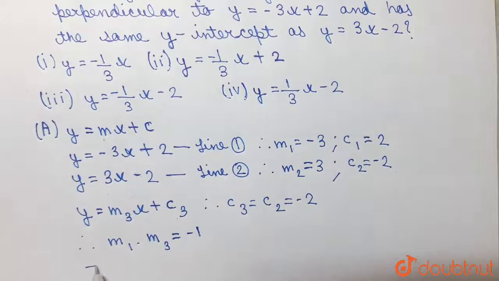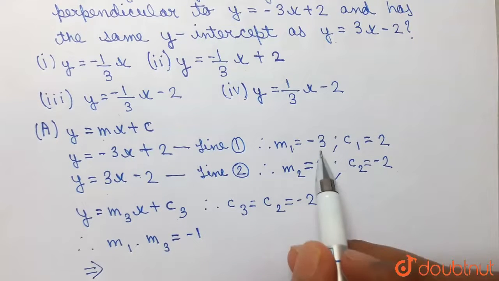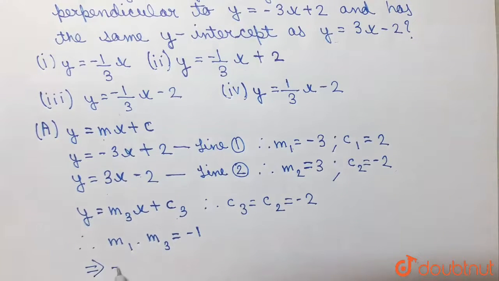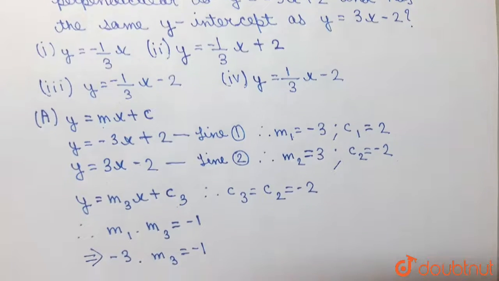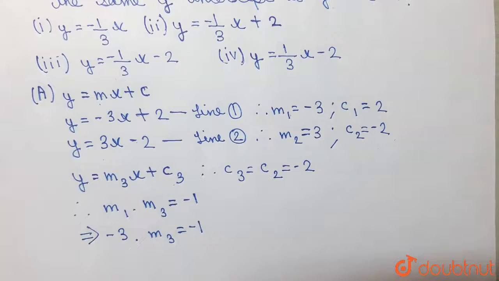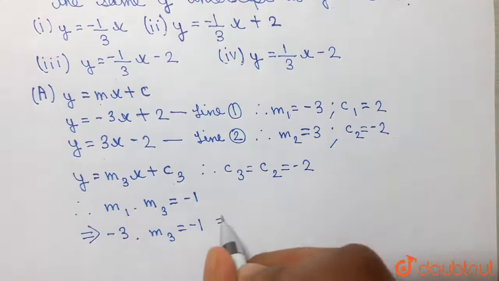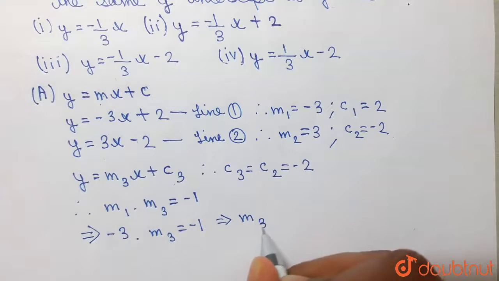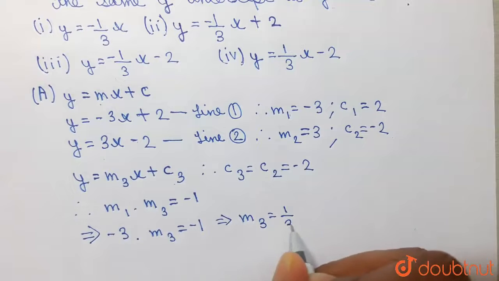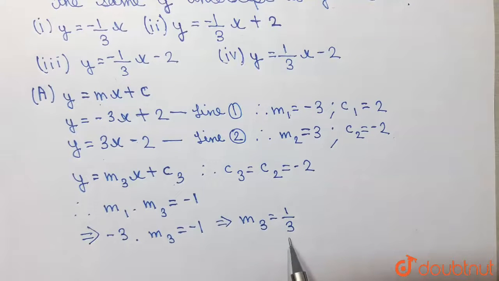We know the value of m1 is minus 3, so minus 3 into m3 is equal to minus 1. So from here we can write m3 is equal to 1 by 3. So we have the value of m3 and we have the value of c3.